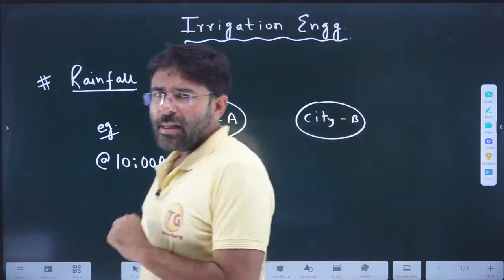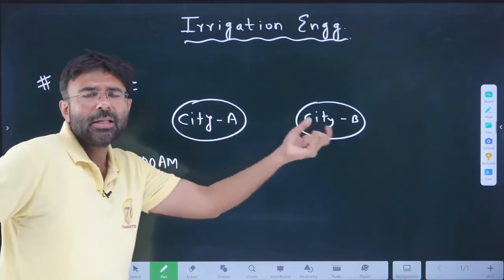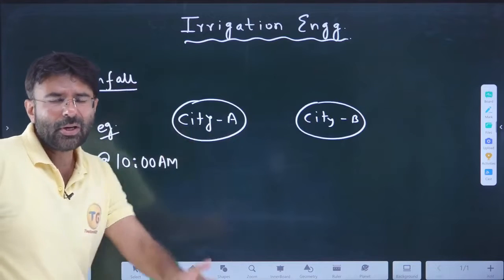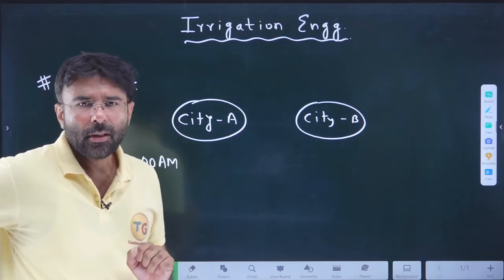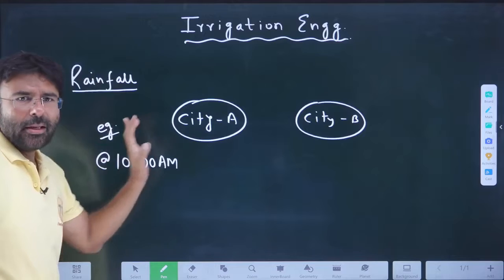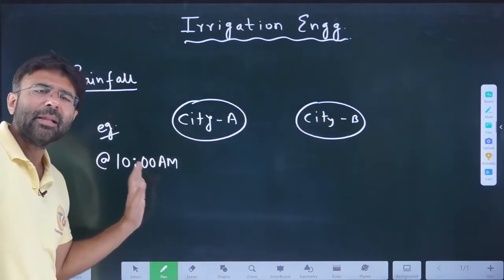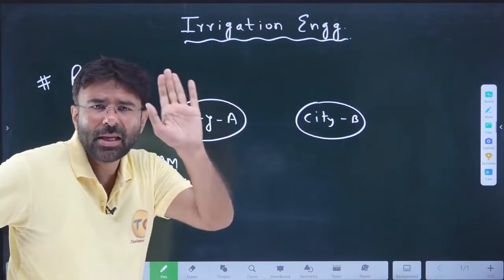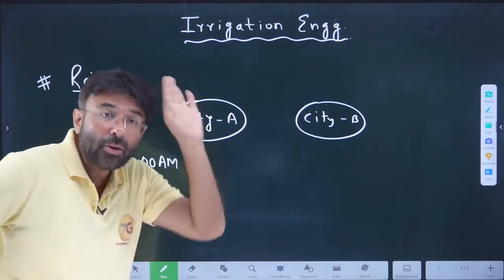Is it a guarantee that at a fixed time, at a particular time, these two locations are going to get exactly the same amount of rainfall? Definitely the answer will be no. Getting the point or not? What I am saying is, there are two locations, city A and city B, and at a fixed time, let us say 10 a.m., is it true that both the cities will be receiving an equal amount of rainfall, or that both are not receiving rainfall?